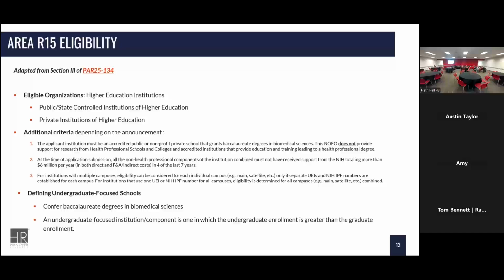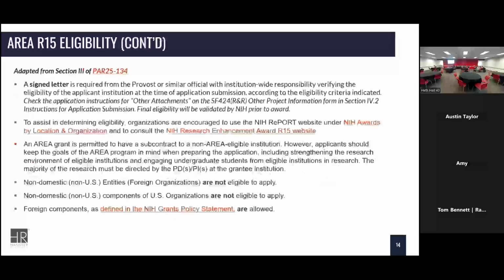That's going to be part of the continued eligibility. What they utilize in order to document that is a signed letter from your provost or chief academic officer. So part of the application submission, and why you want to communicate with Tom, Pam, and their office if you're thinking about this, is that you're going to want to get that signed letter to attest to the eligibility of the institution to pursue this award.